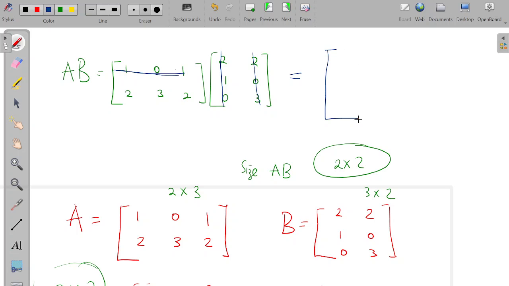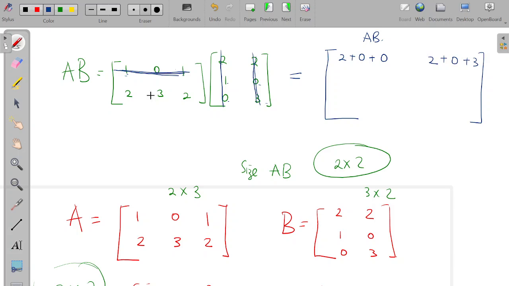Okay, so let me go. 1 multiplied by 2, 2. 0 multiplied by 1 plus 0. 1 multiplied by 0 plus 0. That is for the first row, first column of our product. Now this row again and the second column. 1 multiplied by 2, 2. 0 multiplied by 0, 0. 1 multiplied by 3, 3.